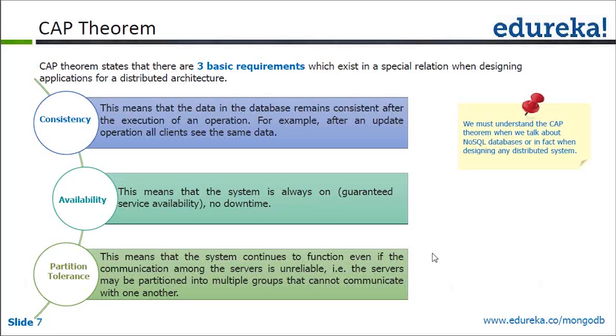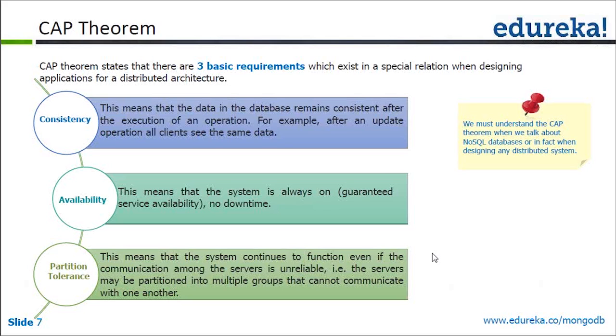Consistency means your data has to be consistent. Availability means your node has to be available. And partition tolerance means the system continues to function even if communication among the servers is unreliable. So that means how tolerant your application or technology is the moment you go for multiple partitions of your data.